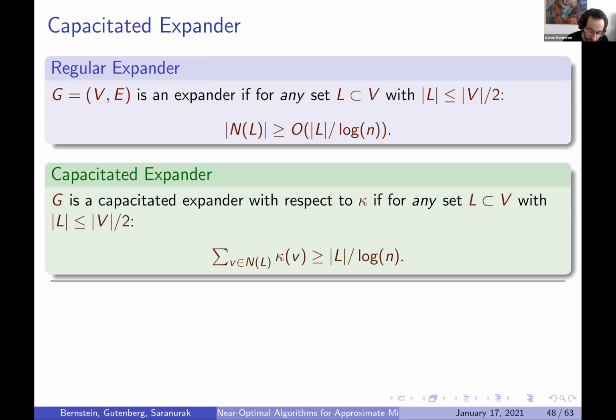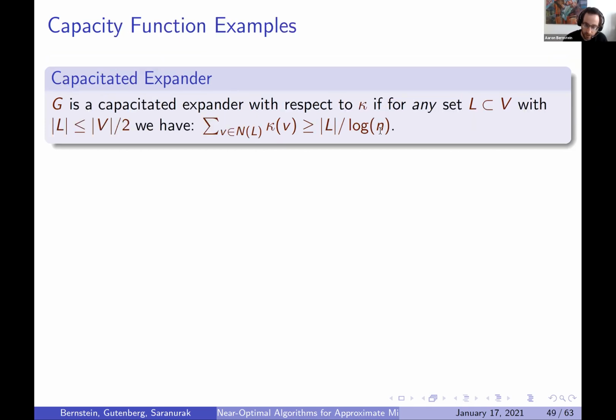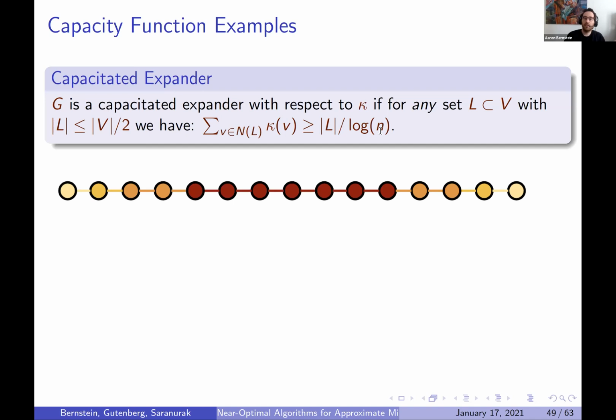So let's go ahead and see some examples. Again, this is the definition. Let's look at this graph. I can't draw, but I think I can just say it in words. You can check that every vertex in the middle needs capacity like n.